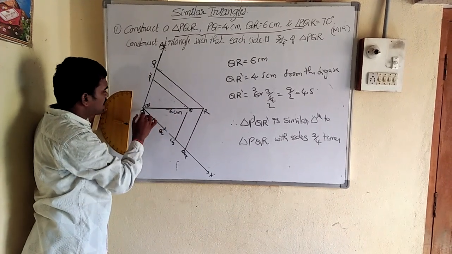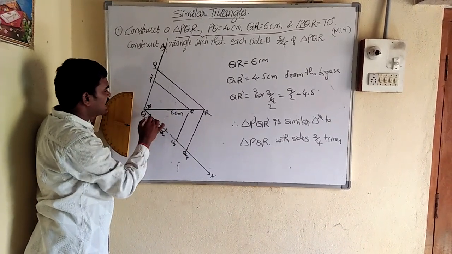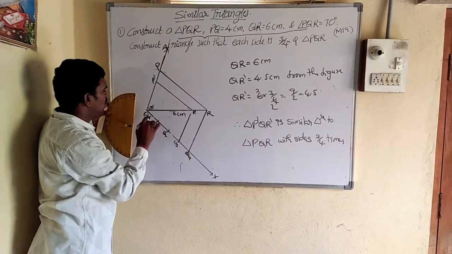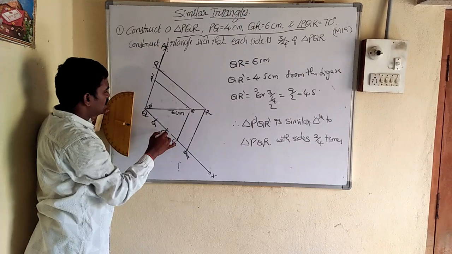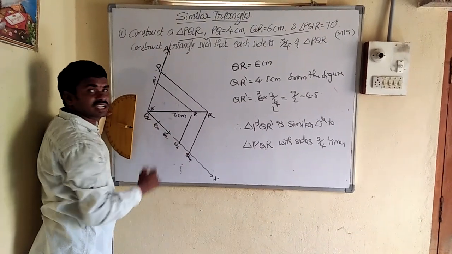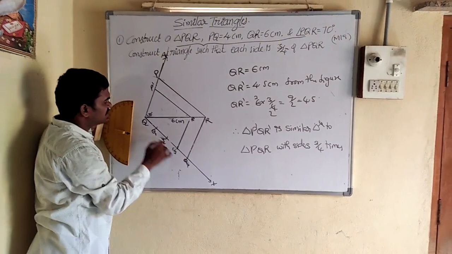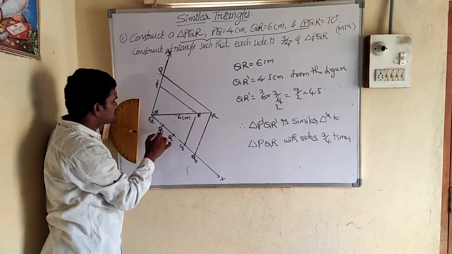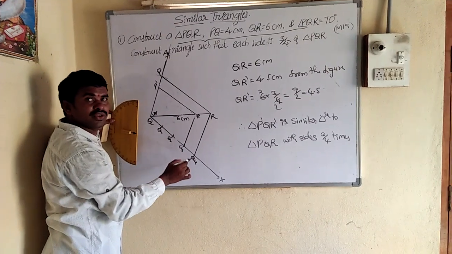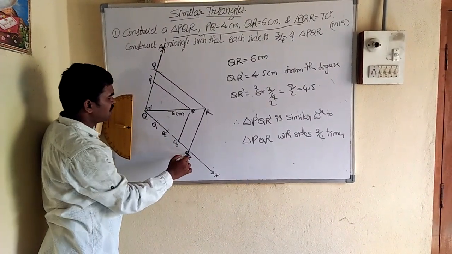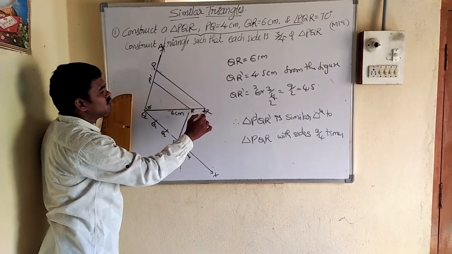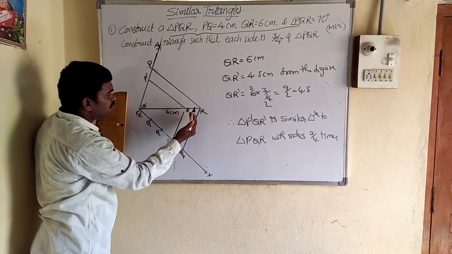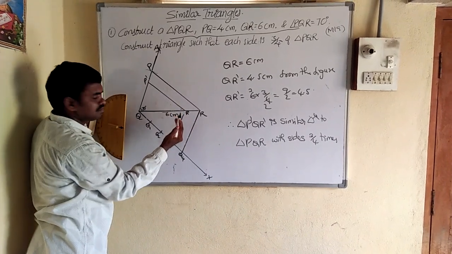Next, I have drawn a ray with some acute angle at Q. That is our wish. Next, draw 4 arcs with equal radius, equal distance. Taking those points as Q1, Q2, Q3, Q4, I have joined Q4 and R. The required triangle must be less than 1, so it must be in between.